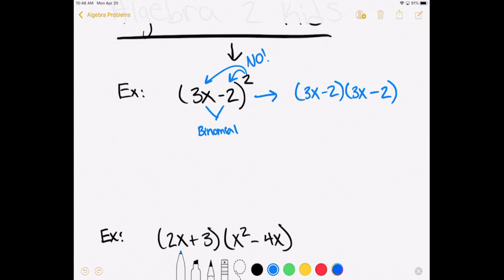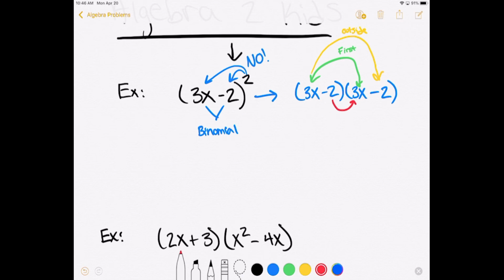So, first is the first thing in both parentheses. Outside is the first thing and the last thing, because they're the two outside terms when you're looking at these. So that's outside. And then inside is the two smack dab in the middle.